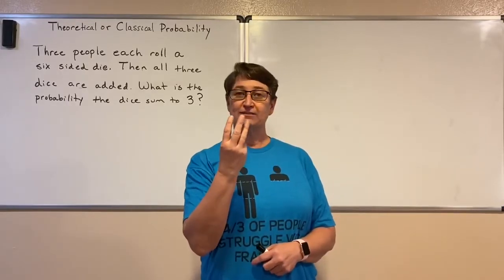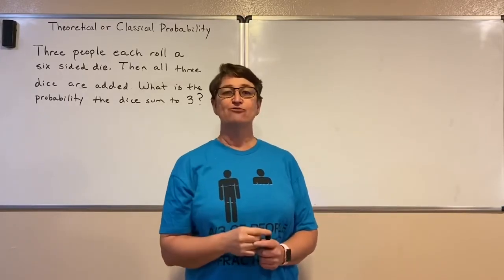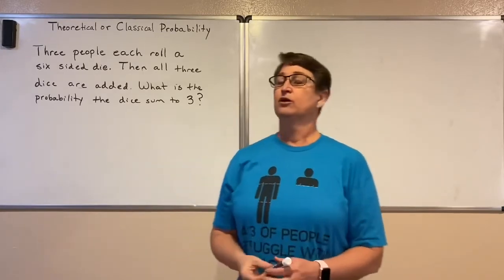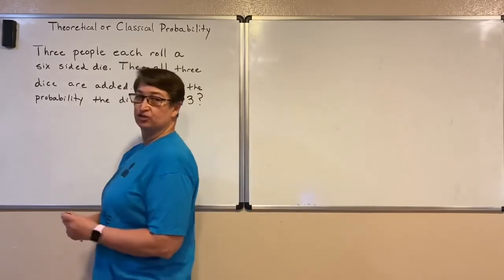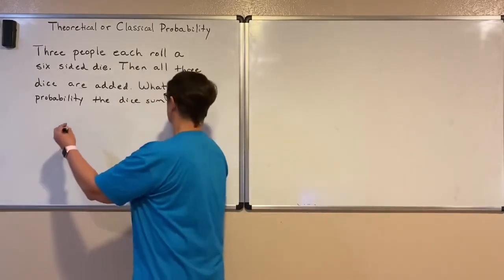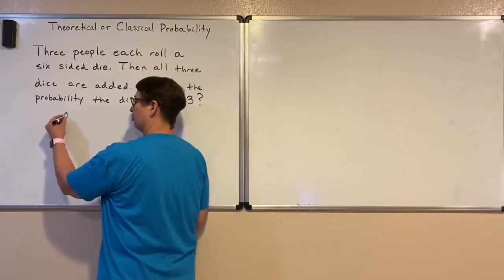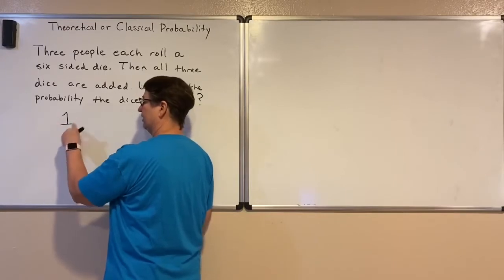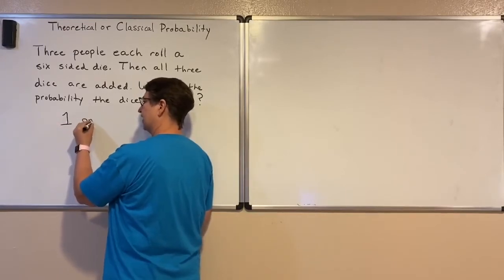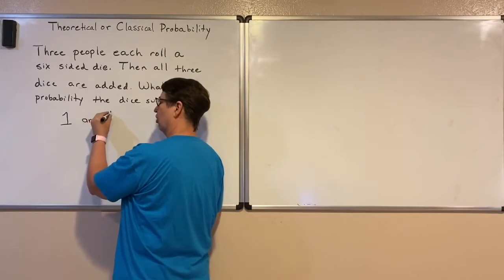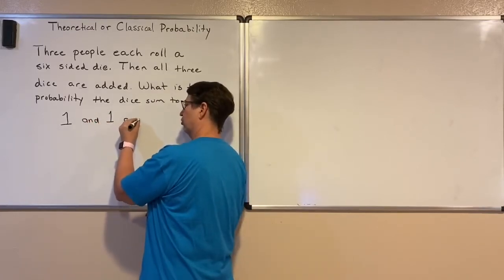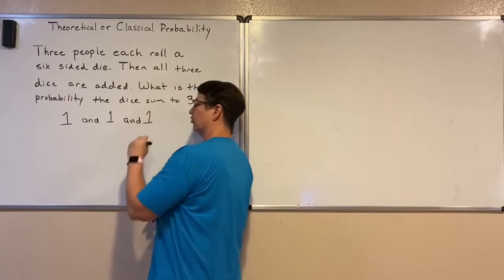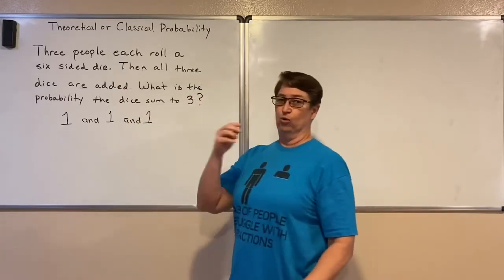Well, in order for that to happen, each person would have to roll a 1. So in words, I'm going to write how they would go about getting that 3. The first person would have to roll a 1, and the second person would have to roll a 1, and the third person would have to roll a 1. So we would have to roll a 1 and a 1 and a 1.